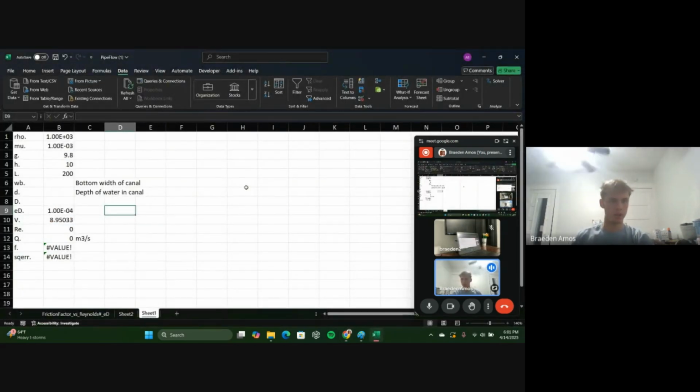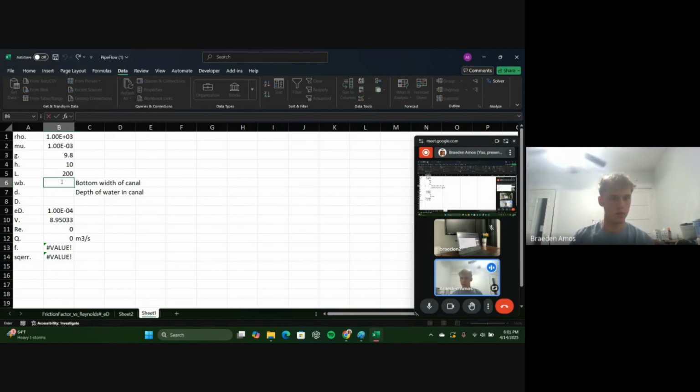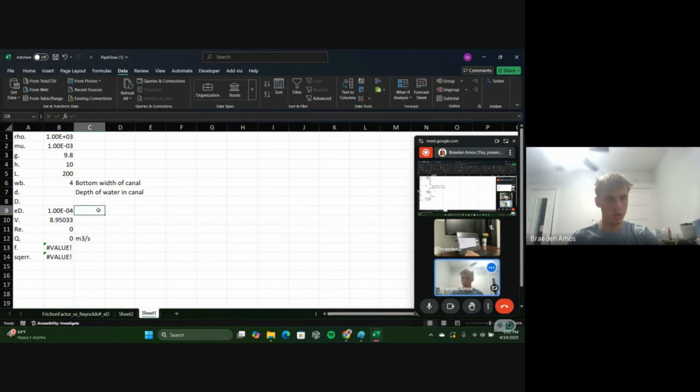All right, so I already have the Excel set up a little bit. So the bottom width of the canal is going to be 4. So we have that. We're solving for the D, so we're not going to put in anything there.